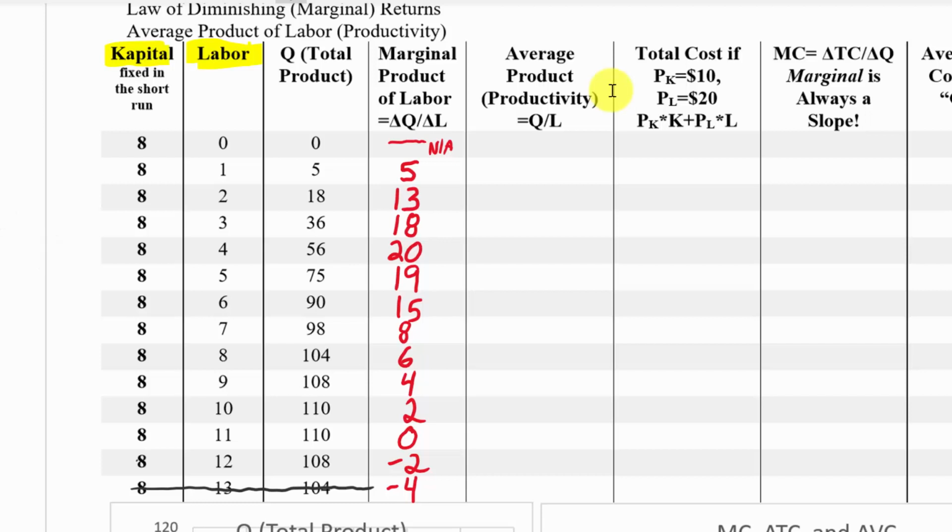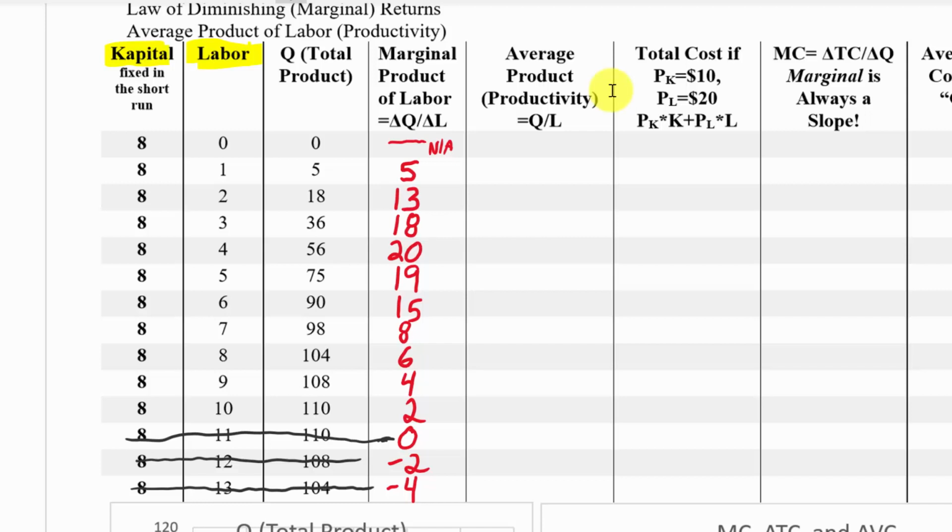And same thing with the 12th person. What about the 11th person? Would we ever want to hire that person? Absolutely not. Because when we hire them, it's got to cost us something. And they're not adding anything at all to our output. So that's out. So we don't know exactly how many people to hire, but we know we certainly don't want to go too far and hire 11, 12, or 13 people.